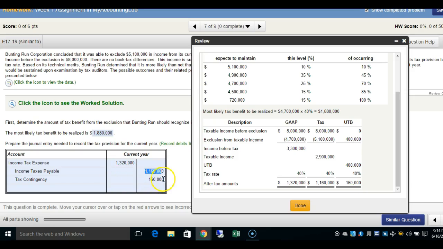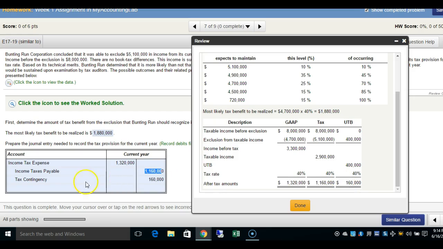The difference is a tax contingency, which is simply the difference between what we're recognizing per GAAP and what we want to take on our tax return. The difference is $400,000. The $400,000 times 40% is $160,000.